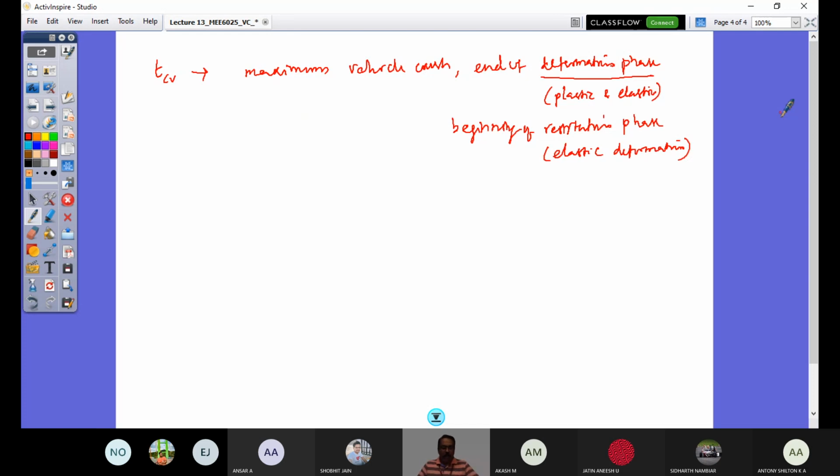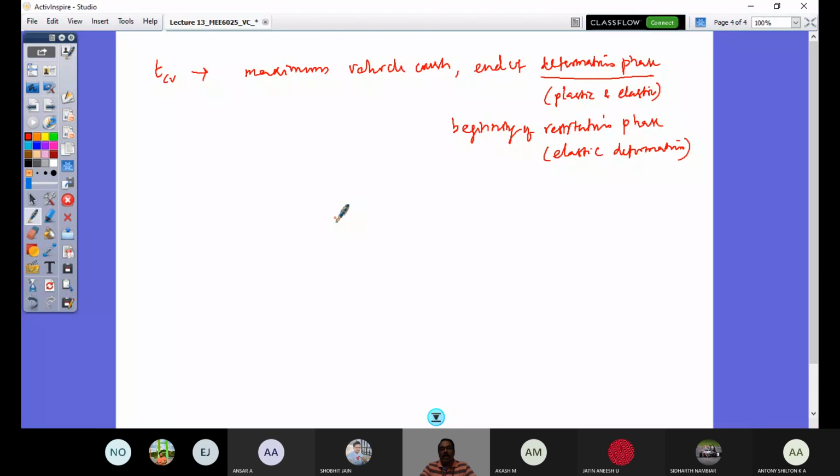Right. So now you see during this time TCV, they exchange impulse forces. The two masses exert impulse forces, as we have seen. These forces are both dissipative, losing energy primarily through the deformation of the bodies, and non-dissipative, storing or releasing energy, right?